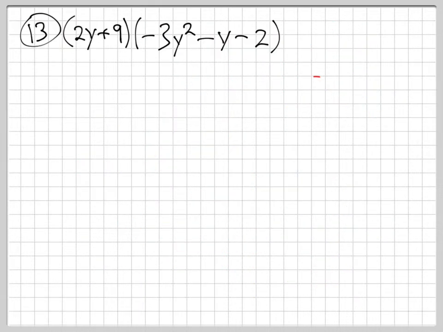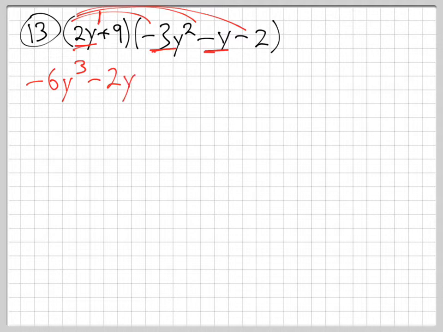Looks like it is. 2. So go to all three. So 2y times negative 3y squared is negative 6y to the third. Remember, out front numbers multiply, powers add. The y to the 1 adds to the y to the 2 to be y to the 3. Plus 2y times minus y is minus 2y squared.